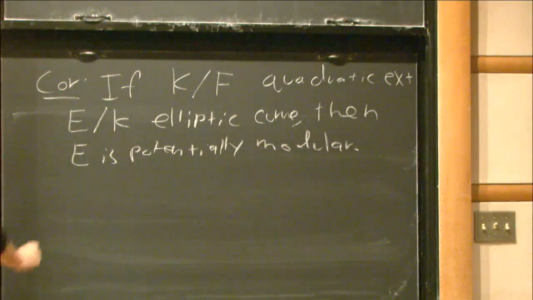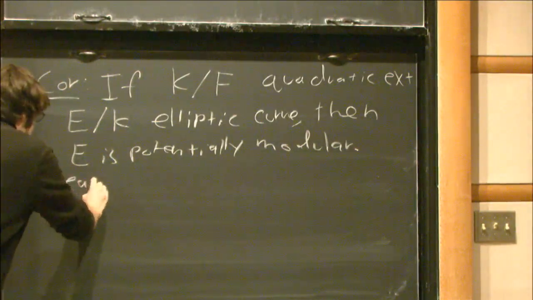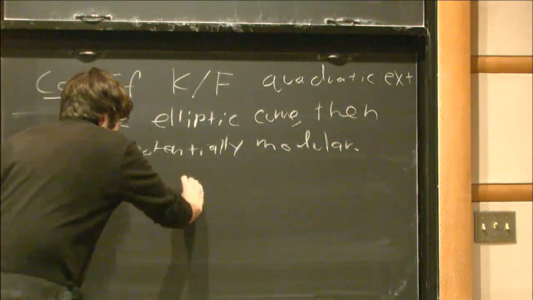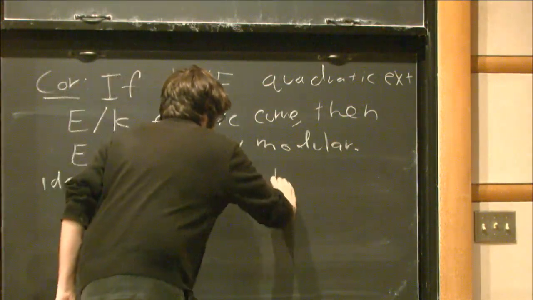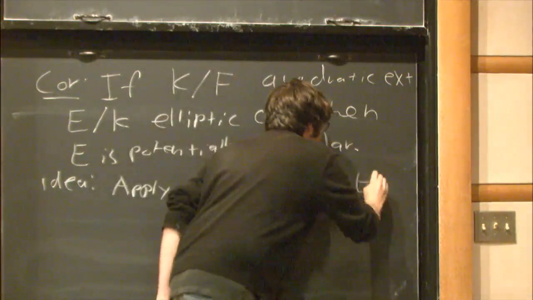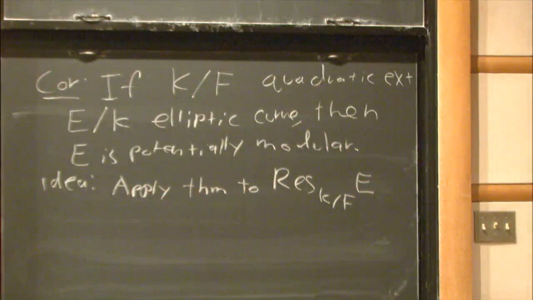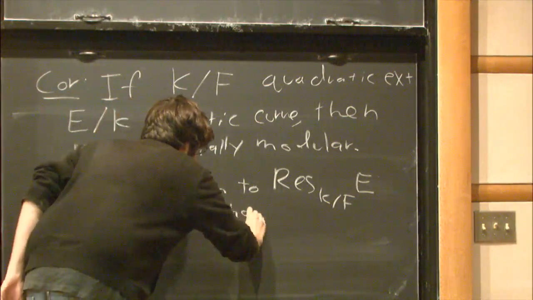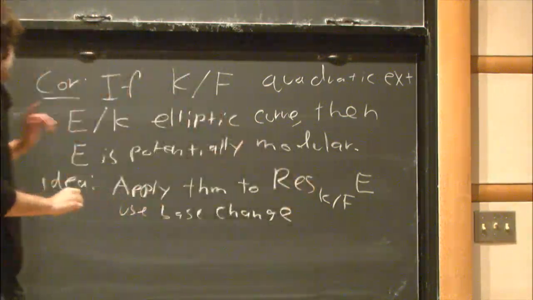The idea here is you just apply the theorem to the Weil restriction from K down to F of E, which is an abelian surface that the theorem applies to, and then use base change to get back to GL2 over this field K.